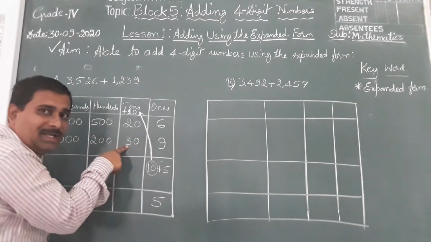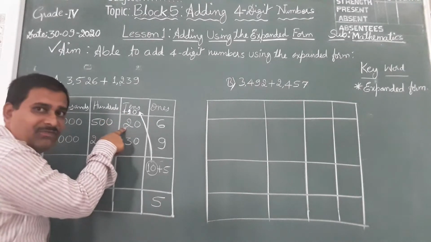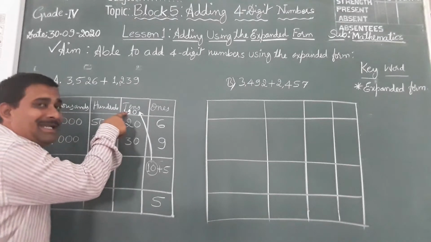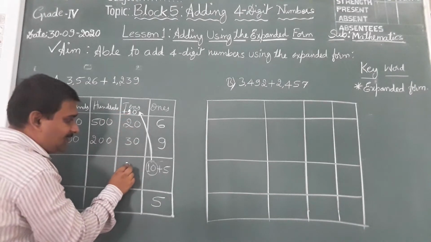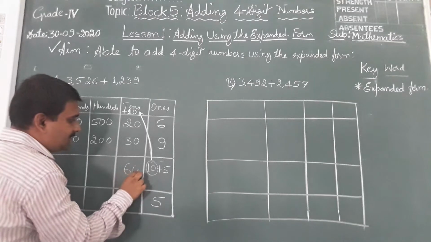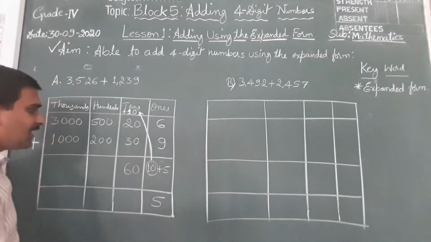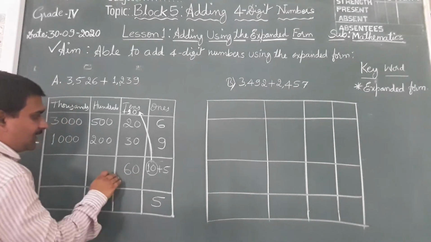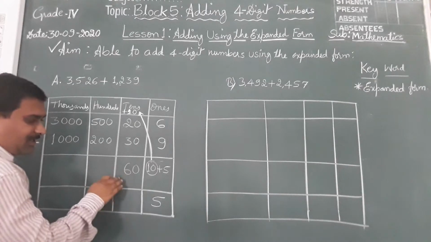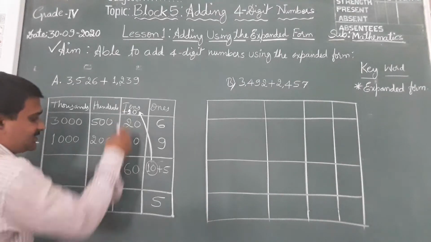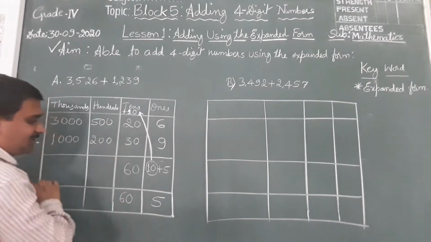That is 30 plus 20, 50. 50 plus carry 10, 60. There is no carry here. The tens place is 60 means 60 only.